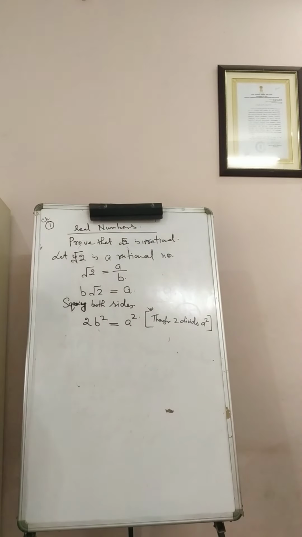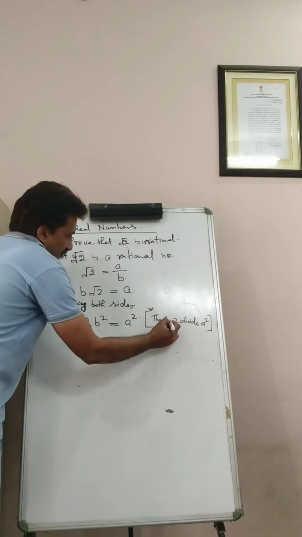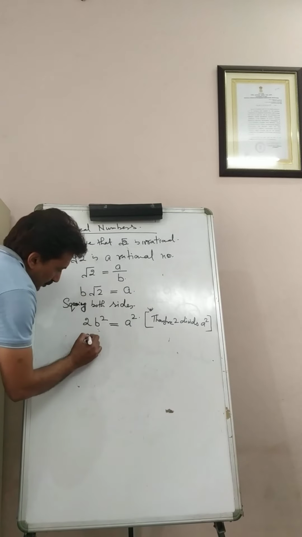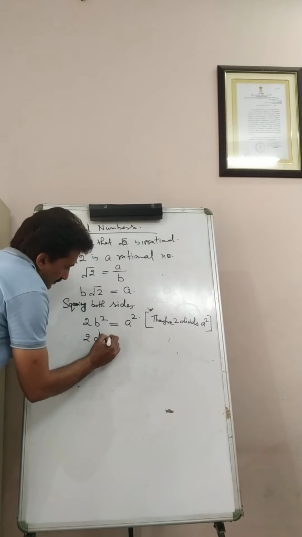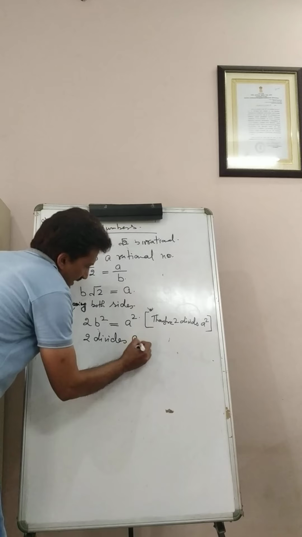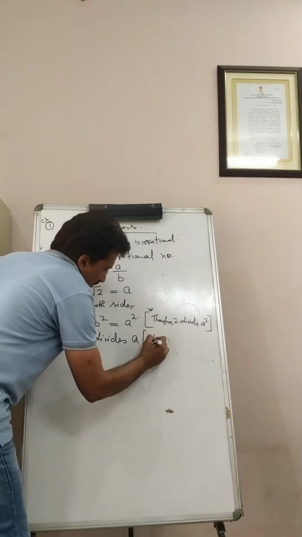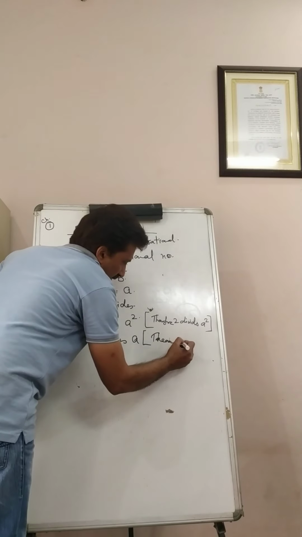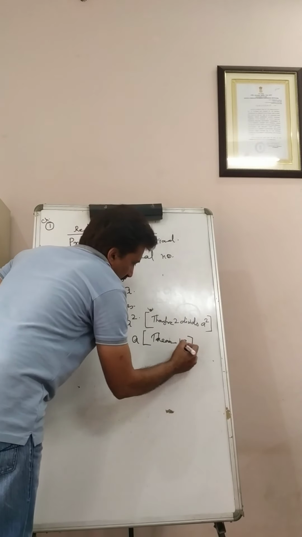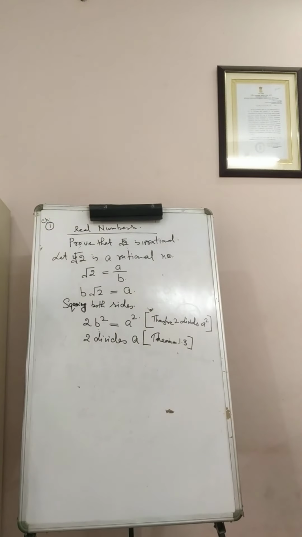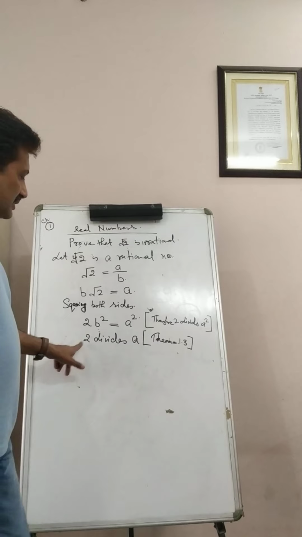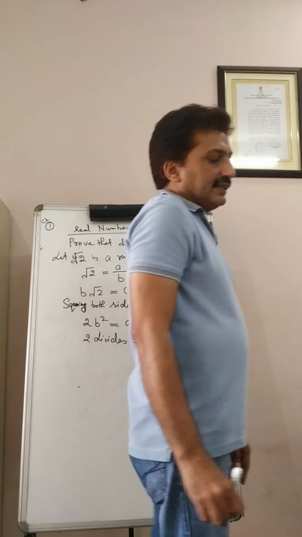Earlier you have a theorem that if any number divides this, it will also divide its factor. So 2 divides a. Theorem 1.3, I hope the theorem number is 1.3. So 2 is dividing a. So 2 is a factor of a.